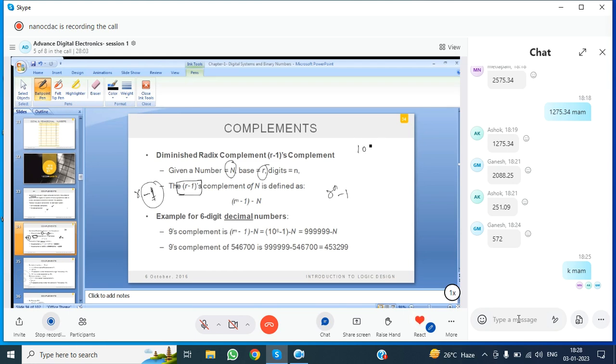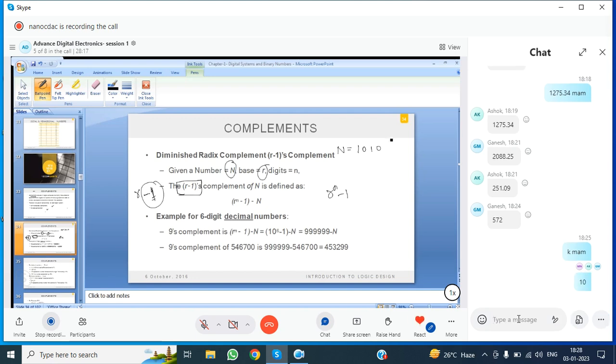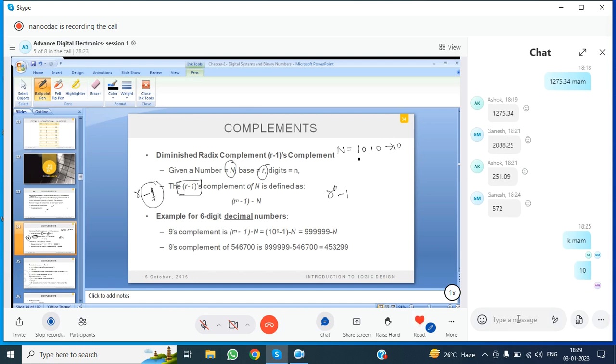Let us suppose 1 0 1 0. N is the number 1 0 1 0. What is the equivalent of 1 0 1 0? 10 is the equivalent of 1010.